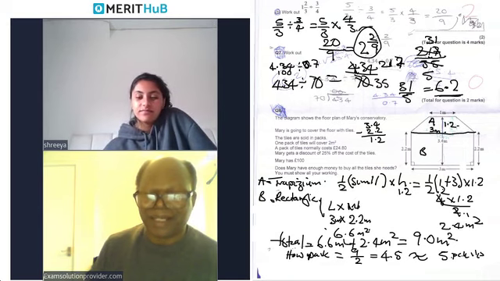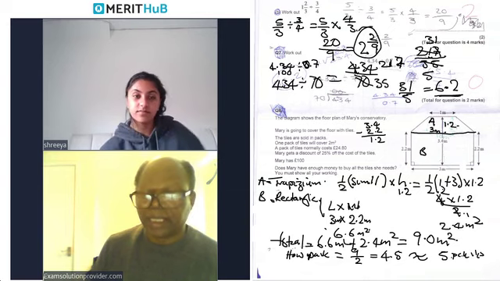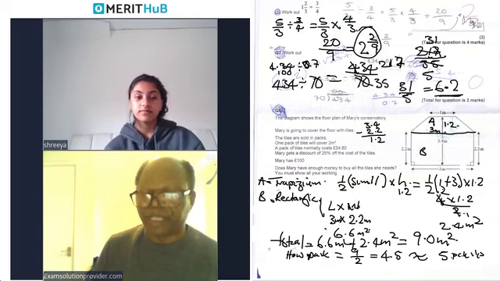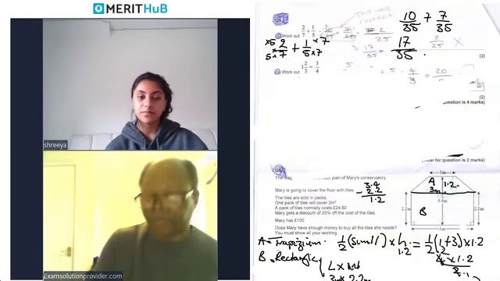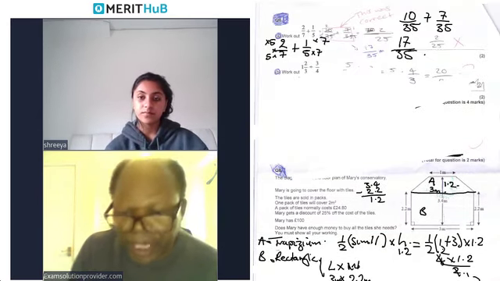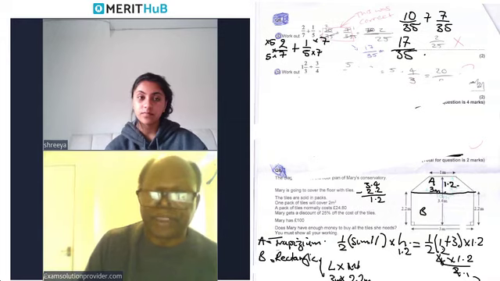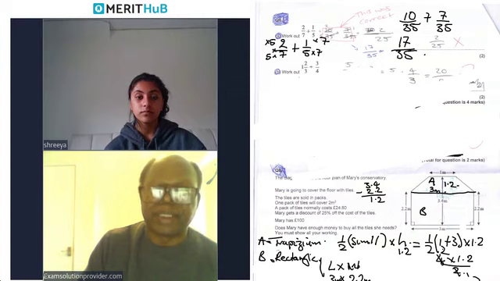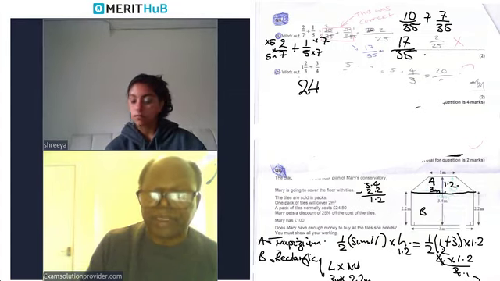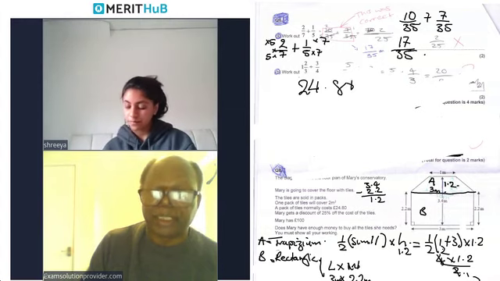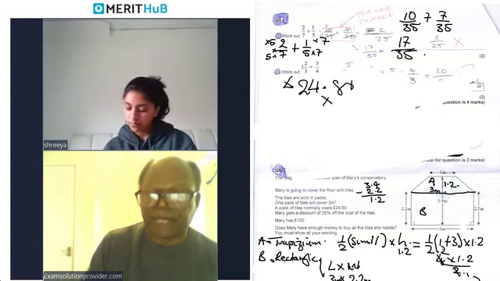Okay, so we have 5 packs we need. Now we need to multiply to find how much we would have paid for that. Each pack is 24 pounds 80p, and we need to multiply this by 5.